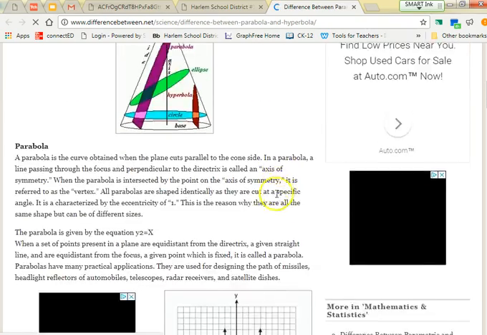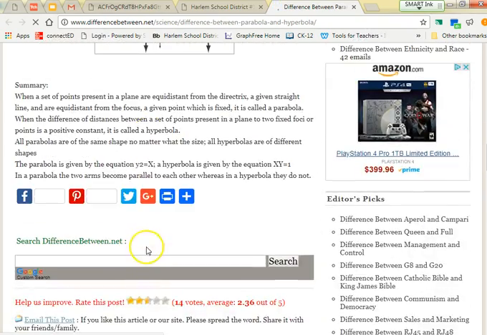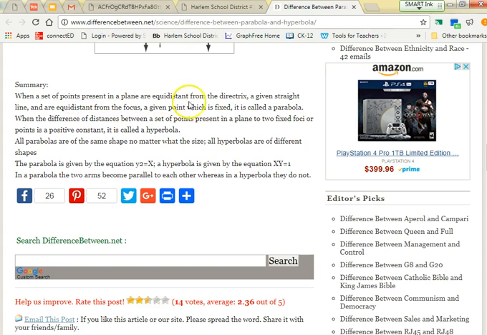Here's a website that talked about the differences. At the very end here, it says, okay, if a point is equidistant from the directrix, the line that's the directrix, and equidistant from the focus, it's a parabola. We had that definition and we kind of went, okay, yeah, whatever. And when the difference of distances between a set of points present in a plane to 2 fixed foci is a positive constant, it's called a hyperbola.